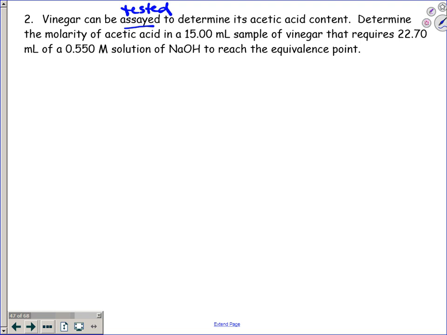So you've written your BCE, you've written your given underneath the BCE. You're starting with your known for this week. Acetic acid.